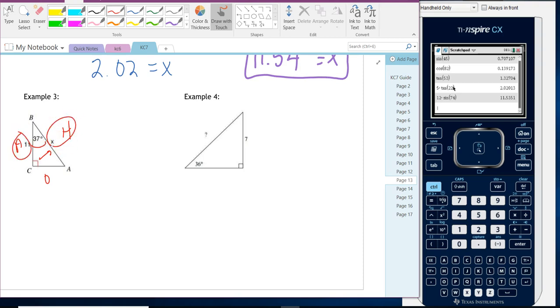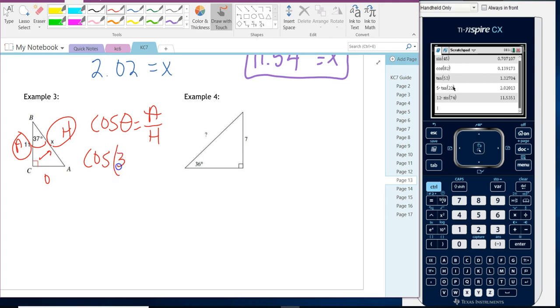So A and H is going to be our cosine, right? Because cosine of theta equals our adjacent over our hypotenuse. So therefore, cosine of 37 is going to equal 11 over x.